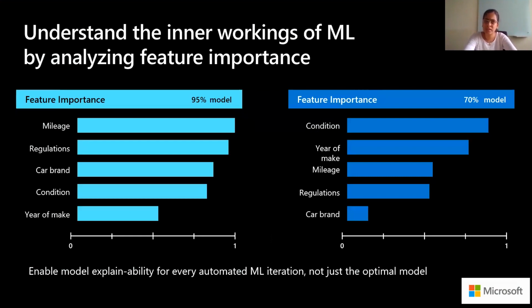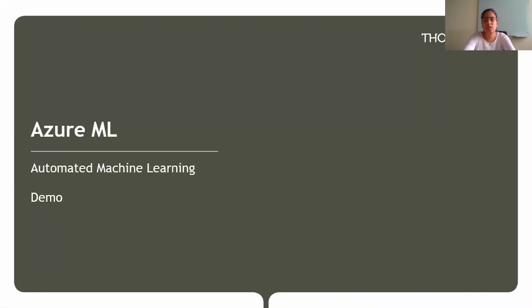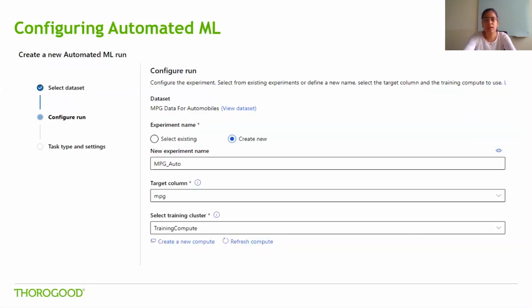Although theoretically it is possible to enable the explainability for all the models, what we have seen is you wouldn't want to go through all of the models to derive the optimized model. We generally look at the top 3 to 5 models and then decide which is best for this particular use case. So we'll just understand how we do this in automated ML.